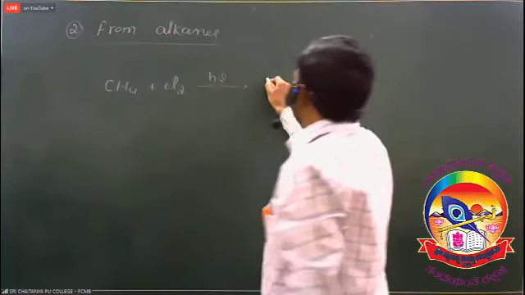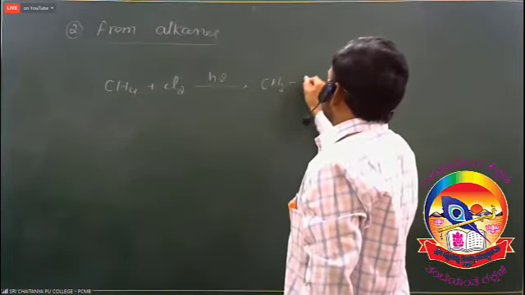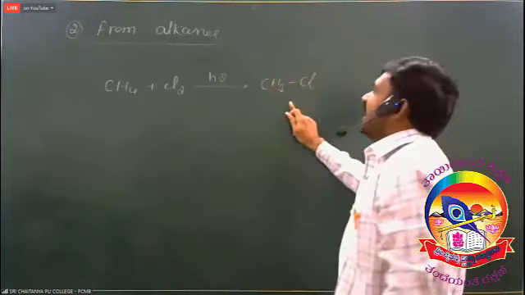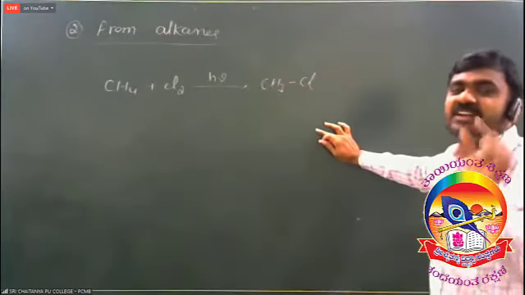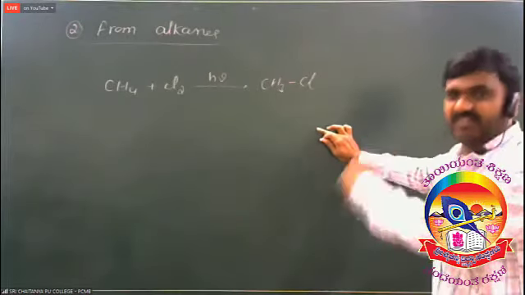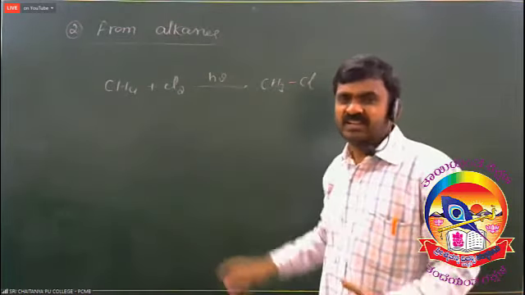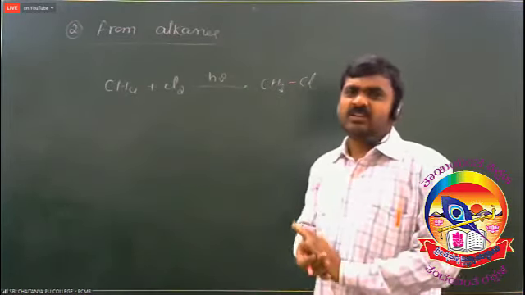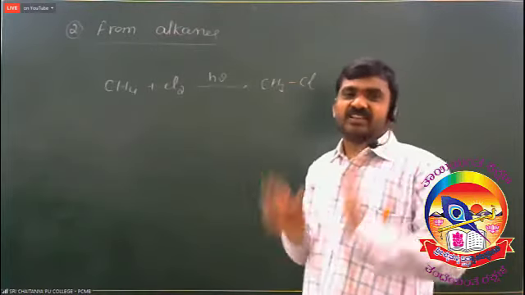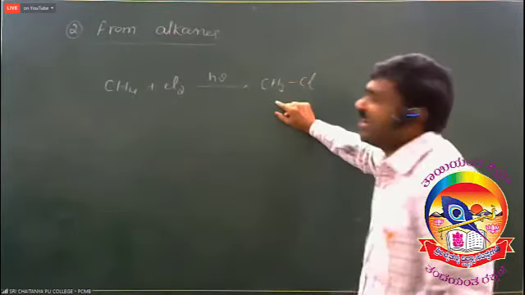So here hydrogens are successively replaced by Cl. It is a free radical substitution reaction. It is an example for free radical substitution reaction. It is a chain reaction. So it is an explosive chain reaction. So controlling is very difficult.